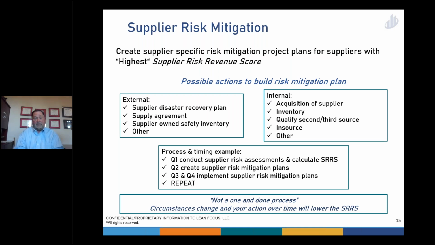Internally, there's kind of a part B of this. What can you do internally to help reduce risk for a given supplier? Obviously, maybe you acquire that supplier and it becomes part of your organization, and you find ways to mitigate that risk that way. You add additional inventory, or qualify second or even third sources of suppliers, which can help mitigate risk as well.